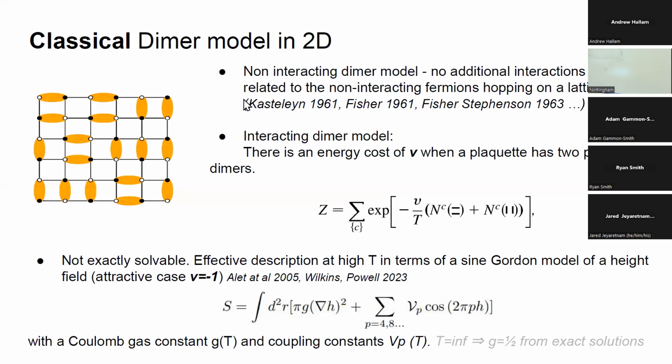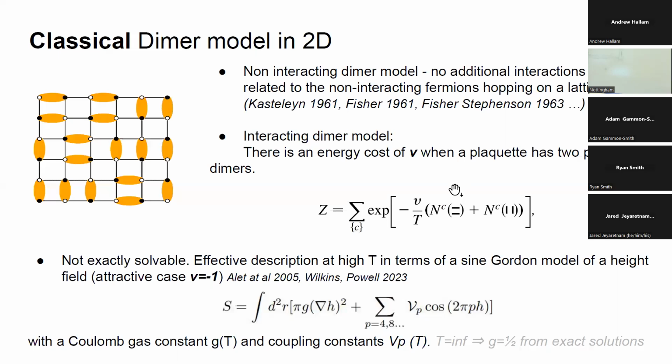If you consider a partition function defined by this interaction, then we can construct an interacting dimer model. The interacting dimer model is not exactly solvable, at least not in the same sense as the non-interacting dimer model, which could be mapped to free fermions.